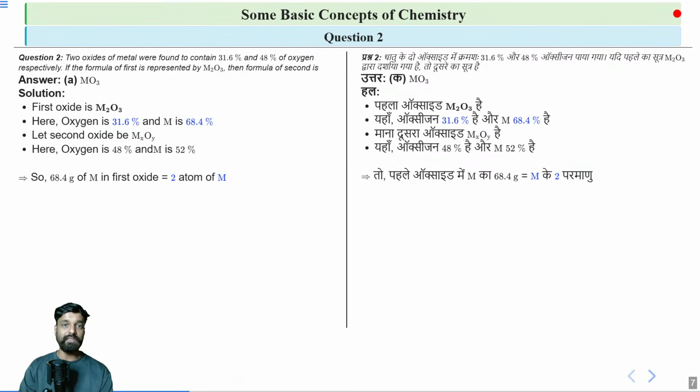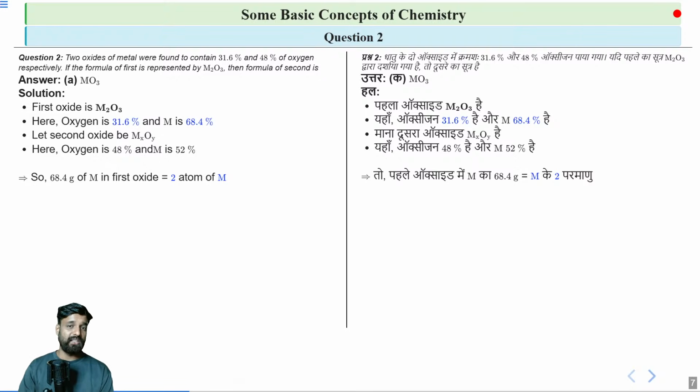Next, what we can say is that since the formula for the oxide is M2O3, the 68.4 grams of metal will contain 2 atoms of metal. Is it clear to you? You are getting my point?